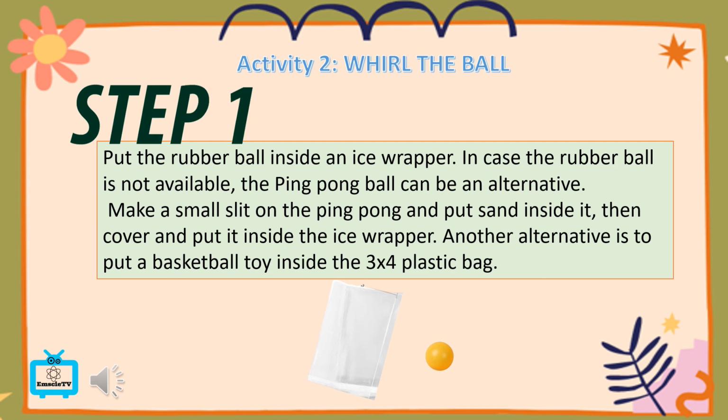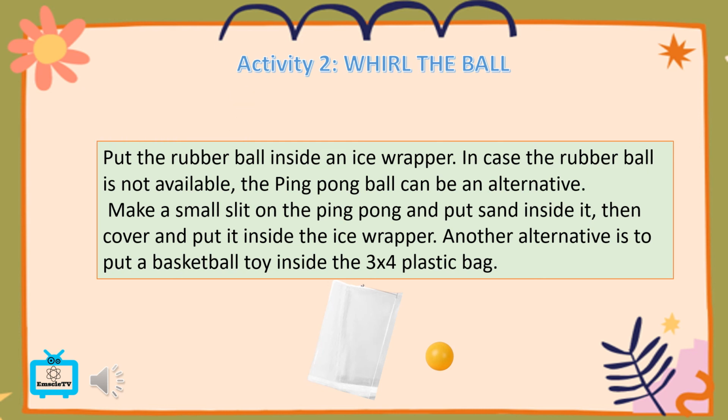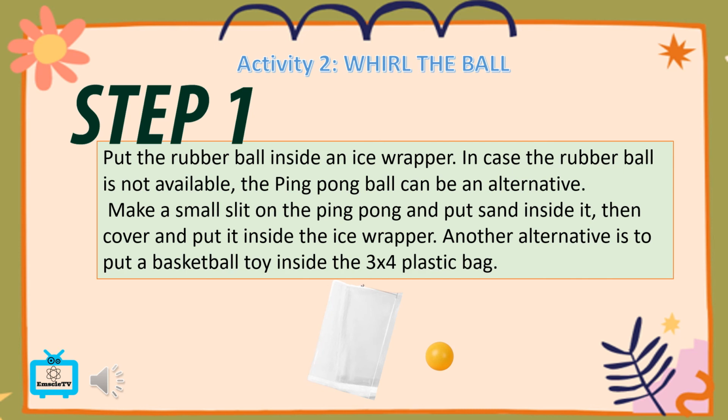Get some sand and put sand inside the ball. Then cover it and put it inside the ice wrapper. Another alternative is to put a basketball toy inside the 3x4 plastic bag. Do it now.